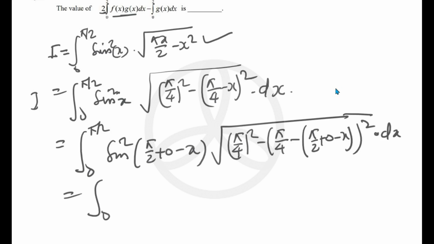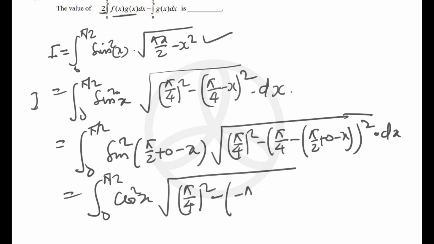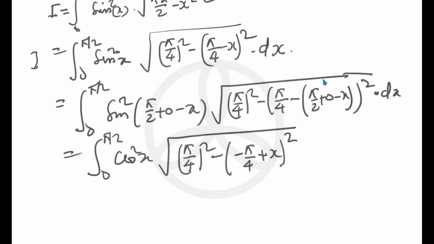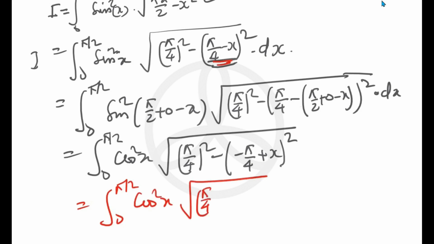This will be 0 to pi/4. This will be cos square x, and this will be minus of minus pi/4. Since this is in a square and this is the negative of this, this particular expression is just the negative of this, and in the square it will become equal to this only. We have pi/2 cos square x and pi/4.